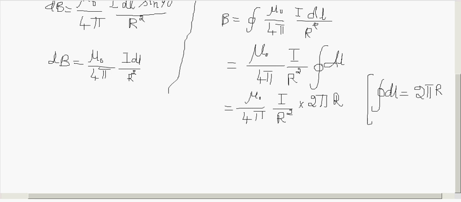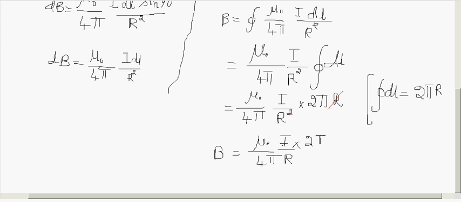B equals mu naught by 4 pi into I by R into 2 pi.